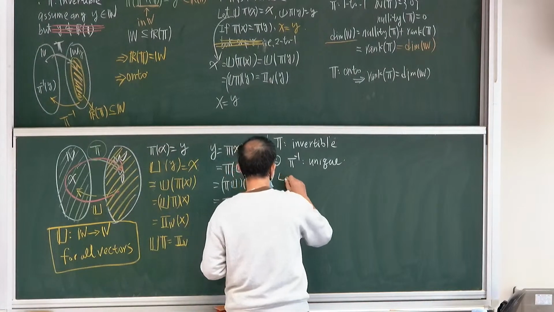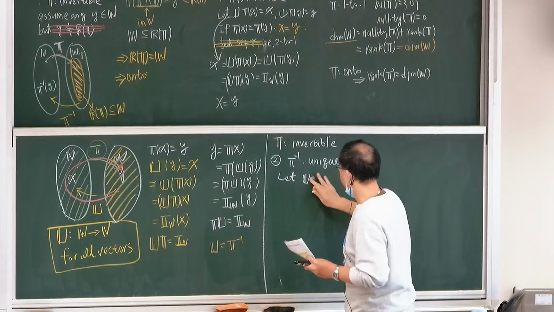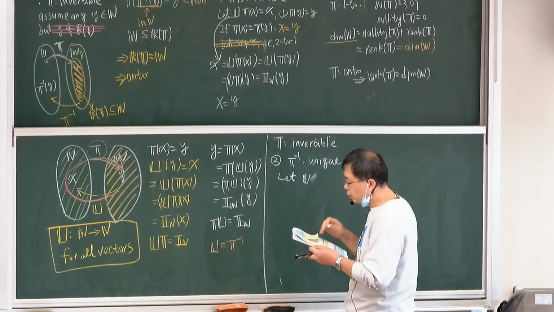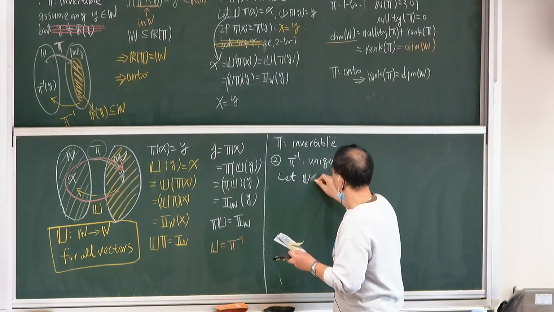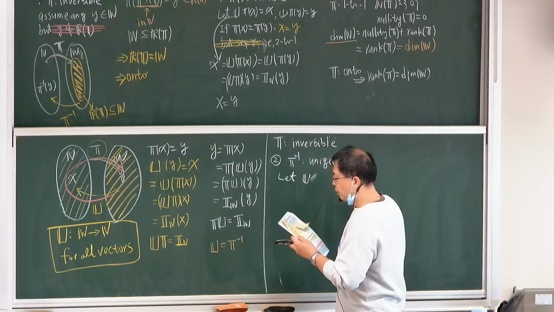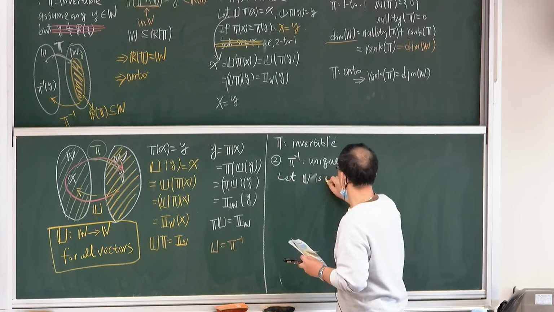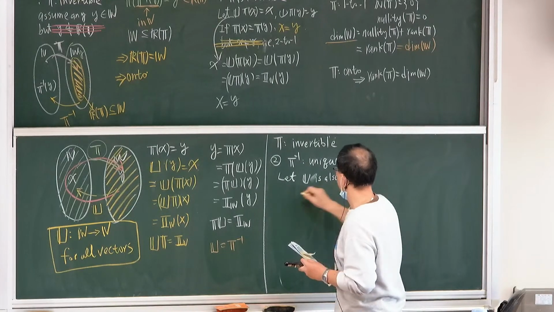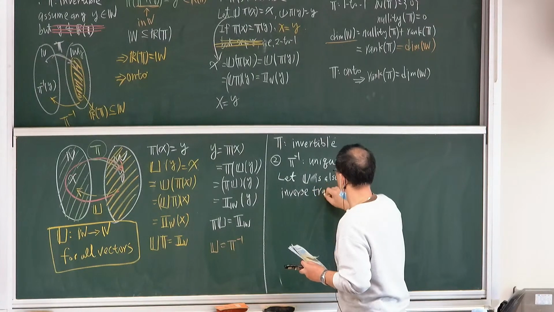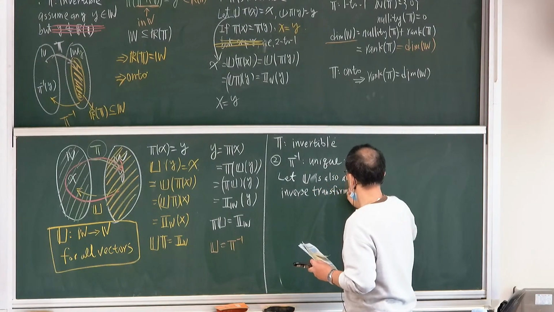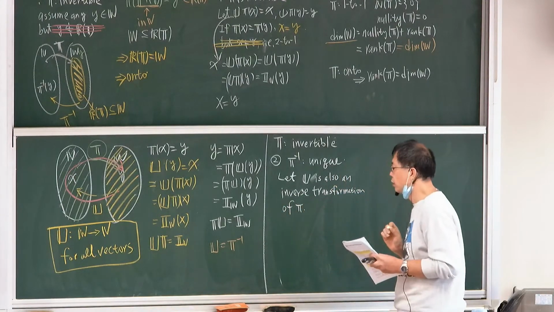So let U be also an inverse transformation of T.